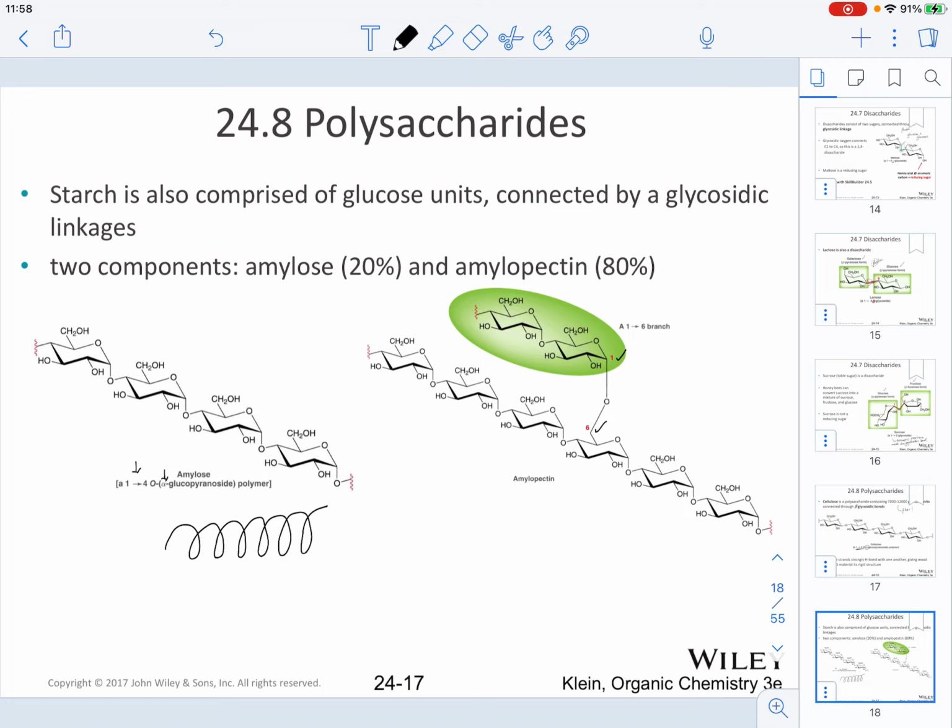In the body, we have biomolecules that are able to take starches and break them down into glucose. That's why starch is a form of energy for us.